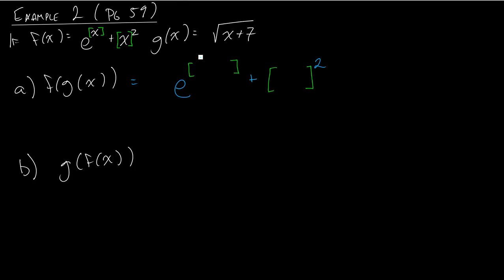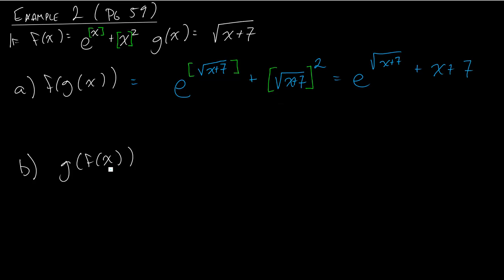So if I do that, if I replace my input with g of x, I would end up writing the square root of x plus 7 here, and I would write the square root of x plus 7 here as well, right? And if I simplify this, the square root of x plus 7 squared, this whole thing would simplify to e to the square root of x plus 7 plus x plus 7, right? So I had to replace two different inputs.